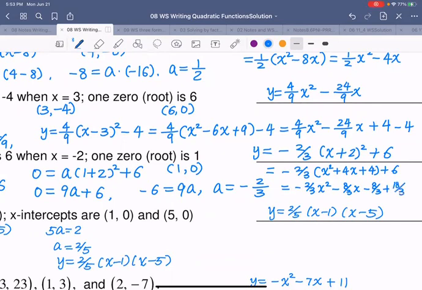So this equals -2/3 x squared minus 8/3 x plus 10/3. Very good.